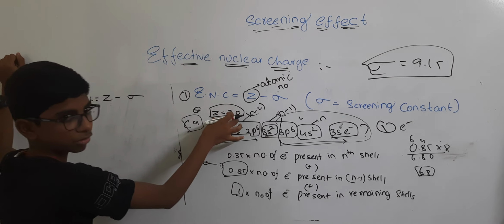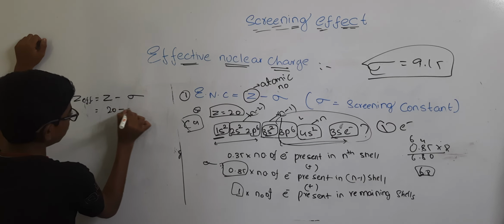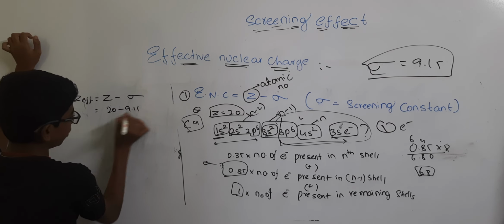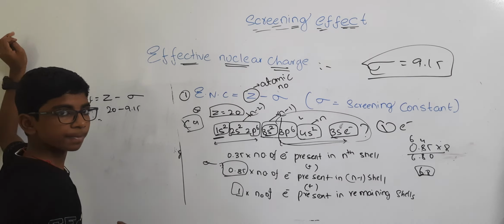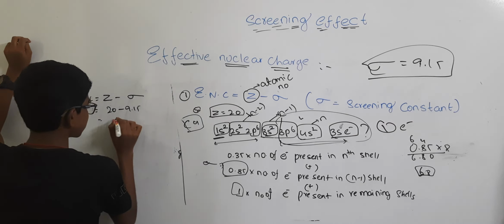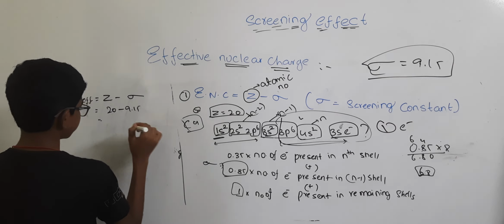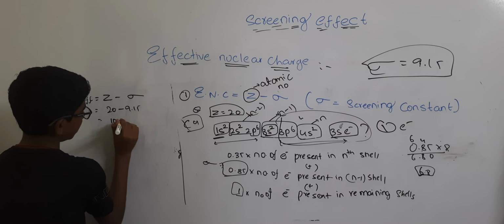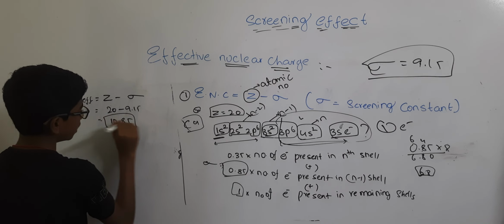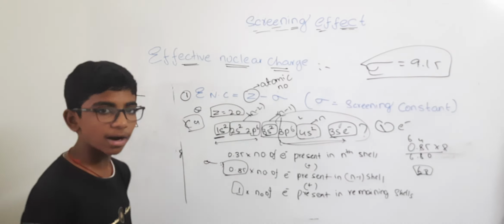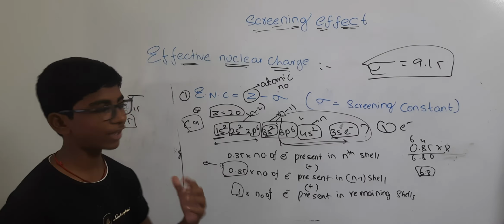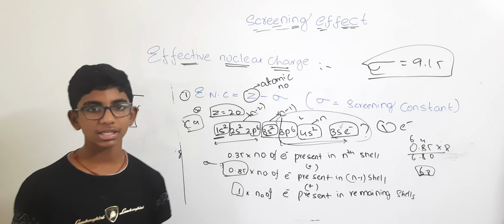What is the Z value? 20. 20 minus 9.15 is 10.85. 10.85 is the effective nuclear charge of calcium. Okay, I think you will understand this class.